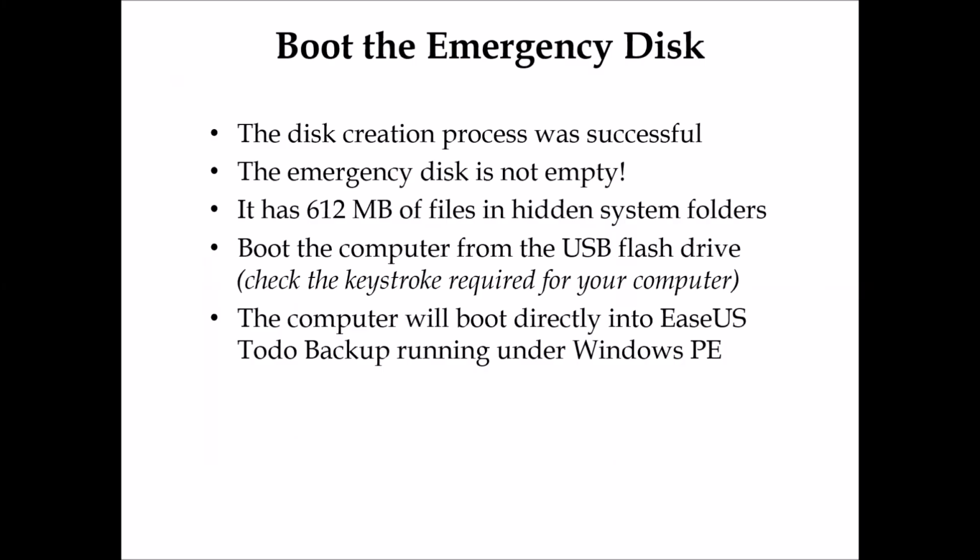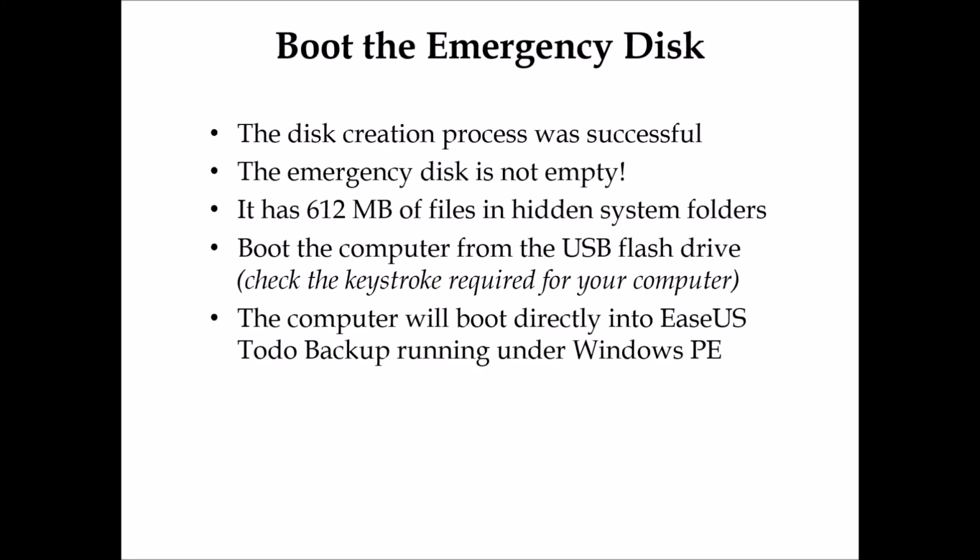We need to boot the computer from the USB flash drive. And typically, you have to figure out how to do that for your particular computer. On my system, I plug the USB flash drive into a port. I turn on the computer. I hit the F12 key a number of times, and it will pop up a boot menu.